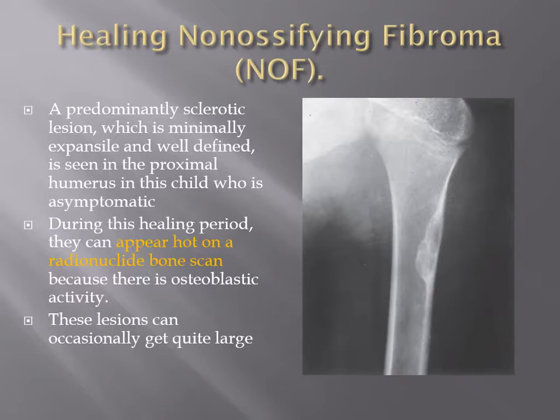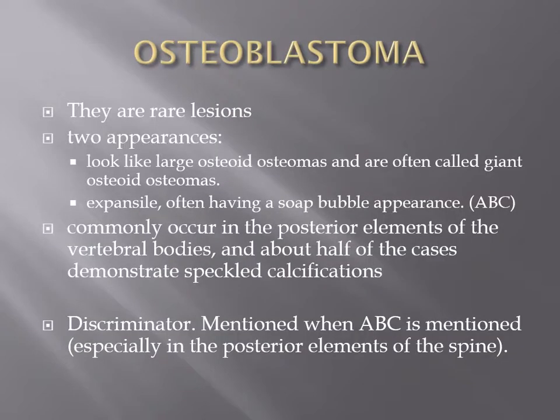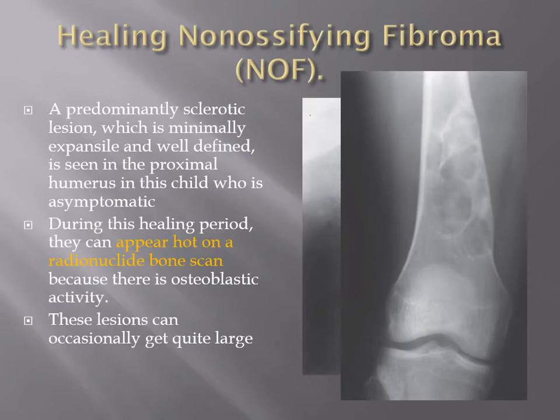However, occasionally rather than healing, it can get larger in size, such as in this case, it extends into the diaphysis. You can see it looks large, looks terrifying, but narrow zone of transition, no cortical destruction, no periosteal reaction. The age is young, so it's just a non-ossifying fibroma.